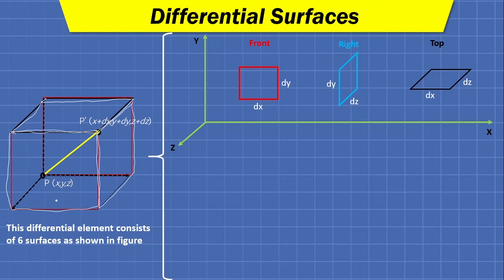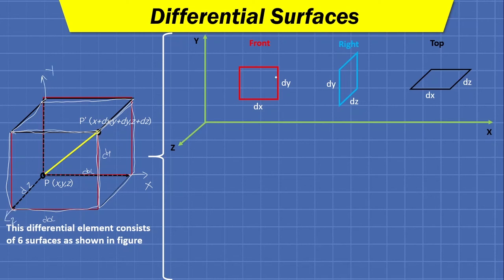In front surface, we can say the length of surface is dx. This length is dx, and this is parallel to that length, so obviously this will be dx. This is dz, and this height is dy, because the coordinate system that we have used is like this, x, y and z.